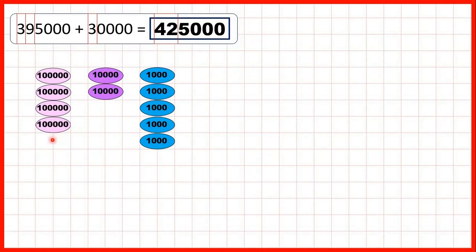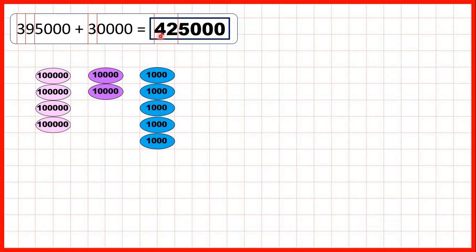So now you can see that we have 4 100,000s and 2 10,000s. The 5,000 stayed the same, so we have 425,000.